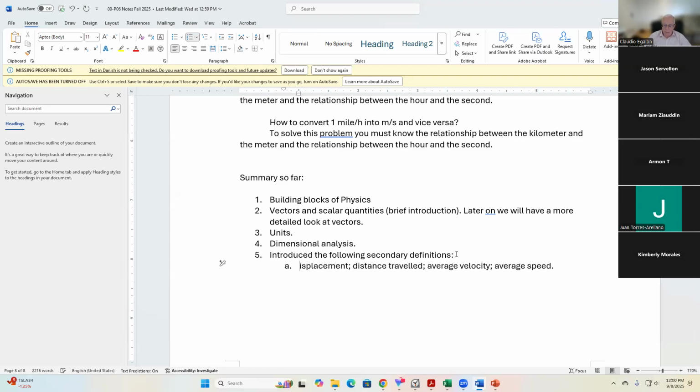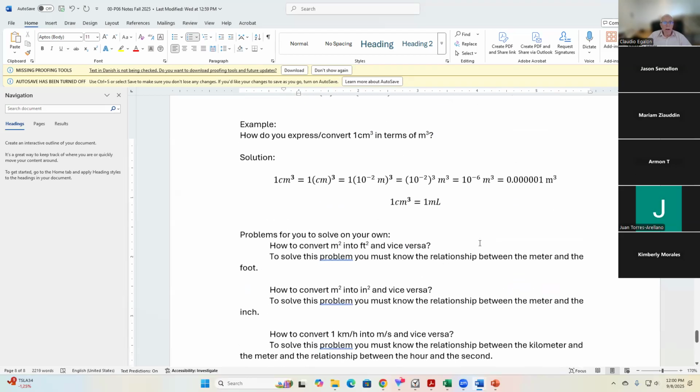Here you go. 1. Displacement. 2. Distance traveled. 3. Average velocity. 4. Average speed. What else?